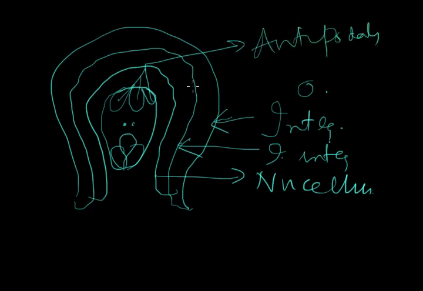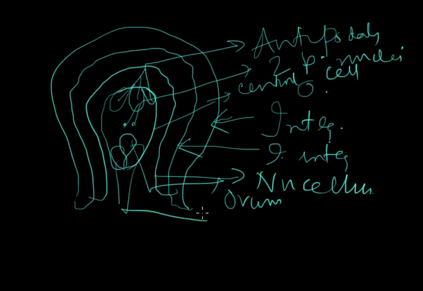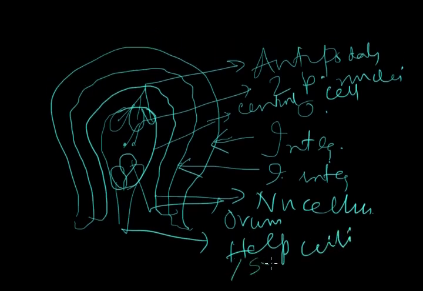antipodals. These 2 are the 2 polar nuclei. This is the central cell. Rather, this is ovum. The 2 are help cells or synergids.